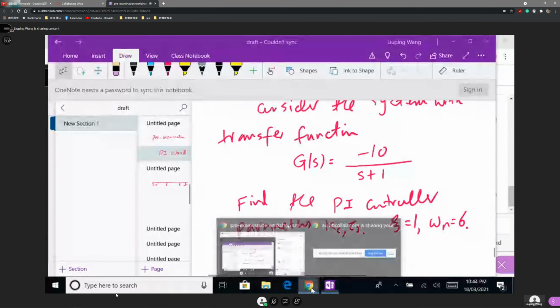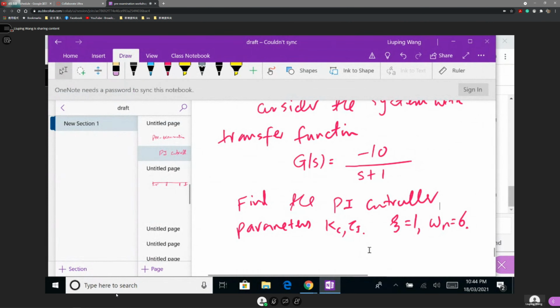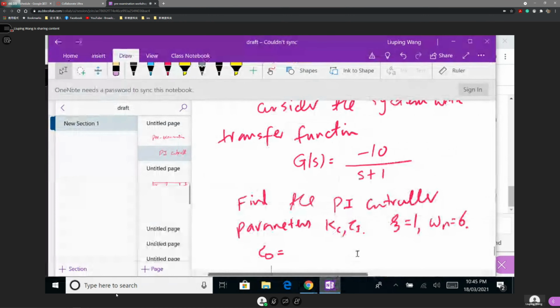Okay, what is Kc, tau I? So C0 is 12, C1 equal to element over 3.